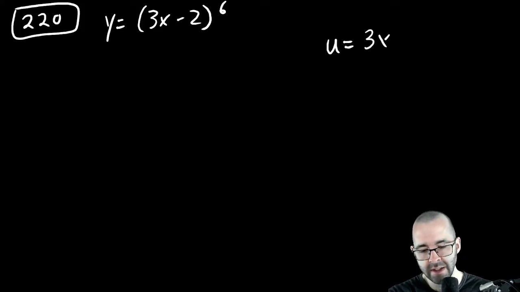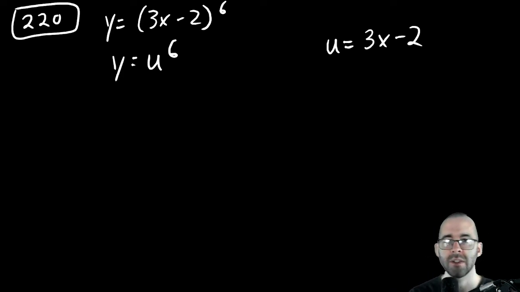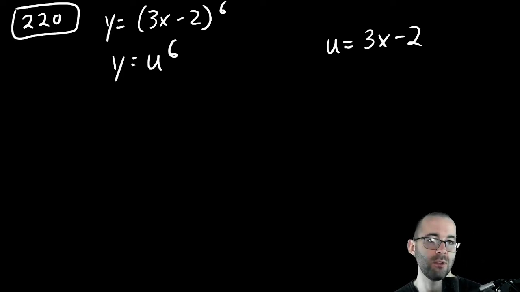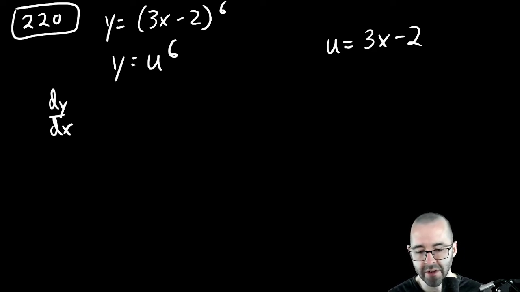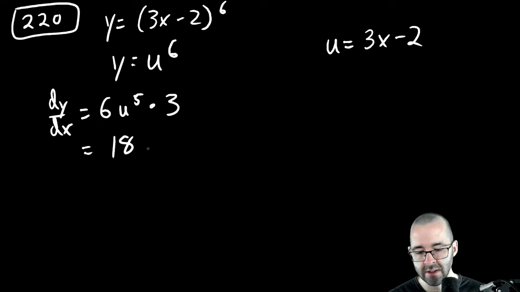U is the inside and y is the outside. The y is u to the 6th and u is that inside function. Then again, the derivative of y with respect to x is just dy/du, 6u to the 5th, times du/dx, which is 3. And again, this is very similar to what we did before.